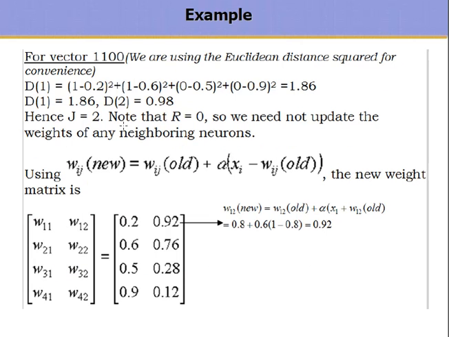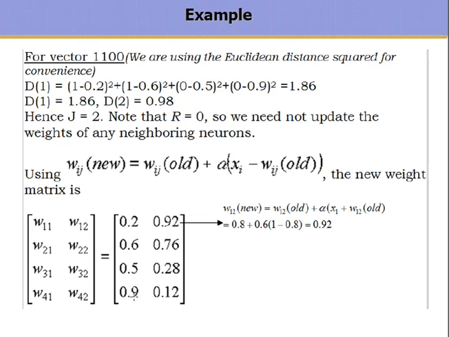So this will become (1 minus 0.2) squared, (1 minus 0.6) squared, (0 minus 0.5) squared and (0 minus 0.9) squared. When you compute this equation, it turns out to be 1.86 for d1. This is the distance between our first training pattern and our first weight vector.